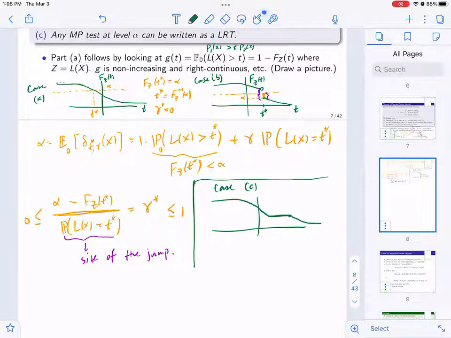A flat piece of a CDF or complementary CDF. There's no chance that the random variable lands there. It's either in this interval or in this interval, but there's no probability of landing here. So it gives us this flat piece, and if alpha is such that you hit exactly this flat piece, then what should we do? Do we need to randomize?